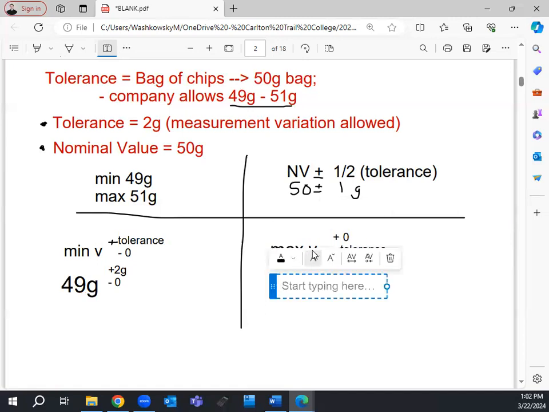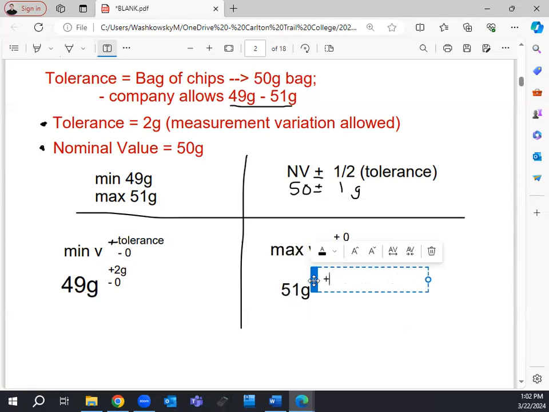So if you're applying to this potato one, you're right. The maximum volume is 51 grams. But I've said that you can't add any more, plus 0 grams. You cannot add more, but you can take away 2 grams. So those are the 4 different ways that you can represent something.